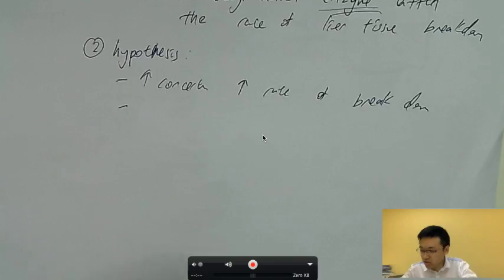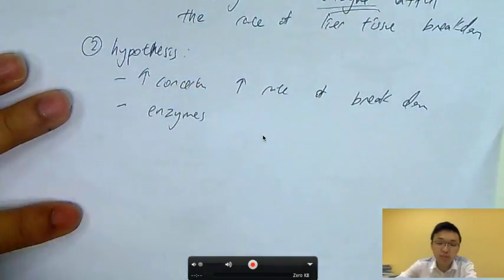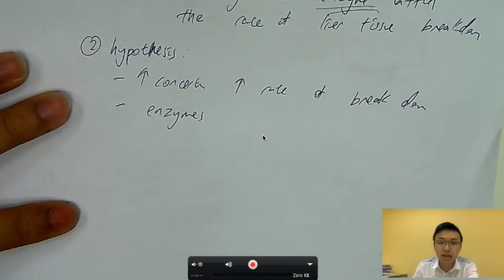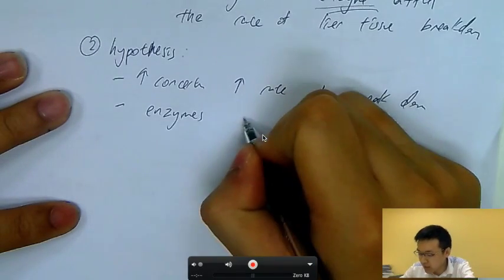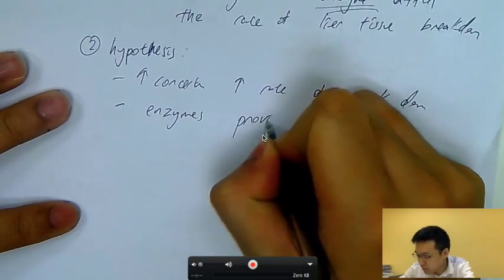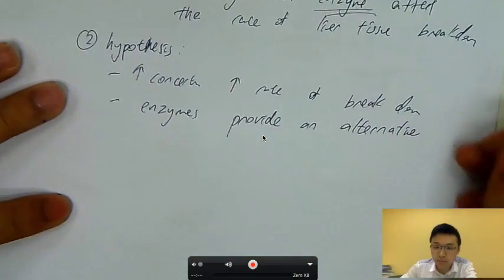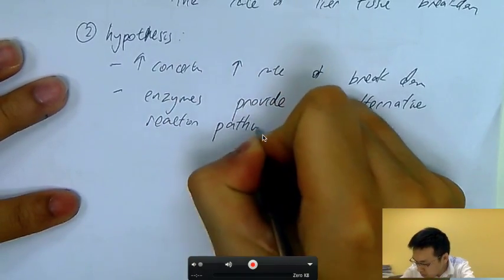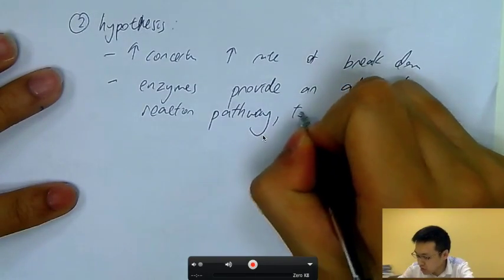The theory here is that enzymes, do you remember what enzymes do? Enzymes basically provide an alternative reaction pathway. If you take chemistry, it lowers the activation energy and speeds up the reaction. So the key point here is enzymes provide an alternative reaction pathway to reduce activation energy.